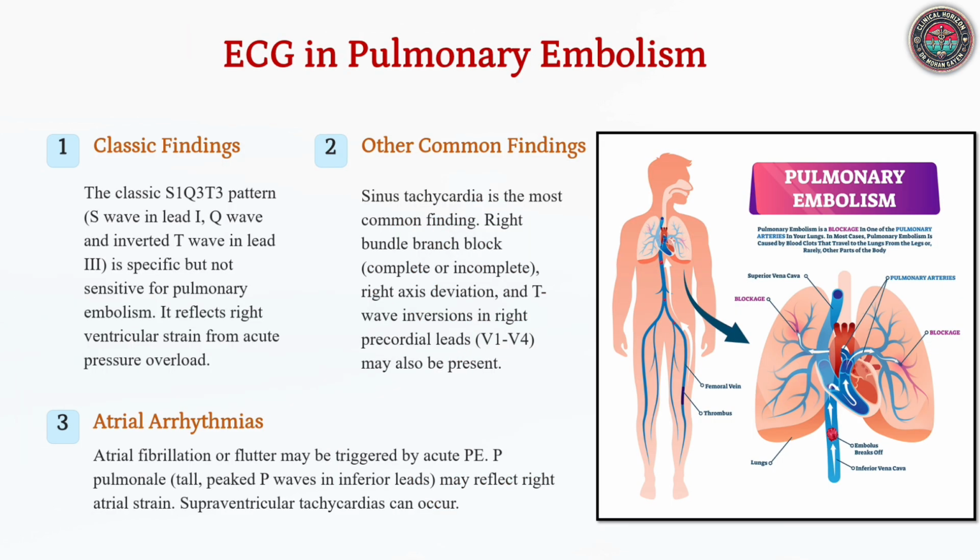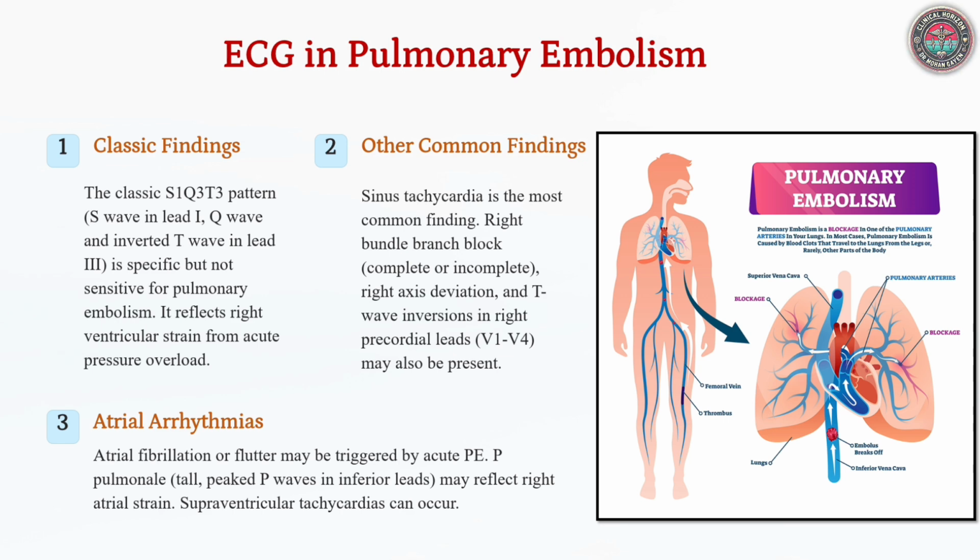ECG in pulmonary embolism. Pulmonary embolism can cause distinct ECG changes due to acute right ventricular strain and hypoxia. The S1Q3T3 pattern, characterized by a deep S wave in lead 1, a Q wave in lead 3, and an inverted T wave in lead 3, is a classic but non-sensitive finding.